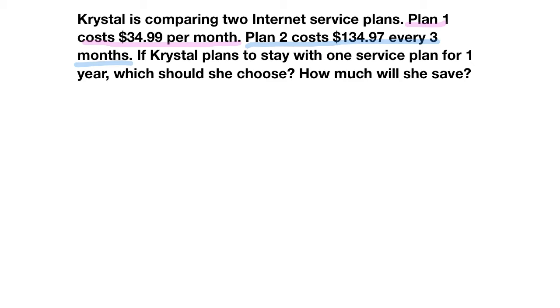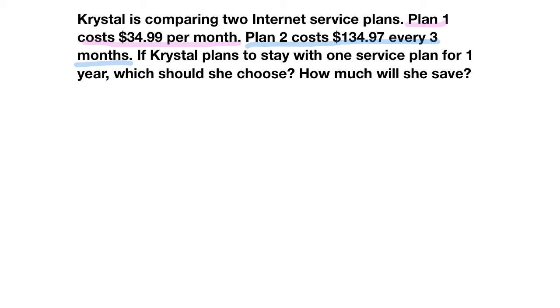You're going to find that there are many different ways to solve the problems in this chapter, and that is okay, as long as what you do makes sense. First thing, in order to figure out which one she needs to choose, we need to figure out which one is cheapest. But the first plan tells us per month. The second plan tells us every 3 months. It's not giving us a price for the same amount of time. So let's find for the full year.